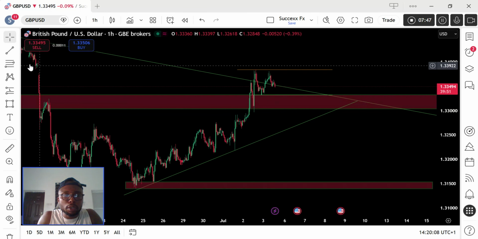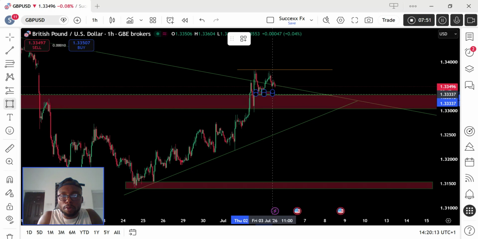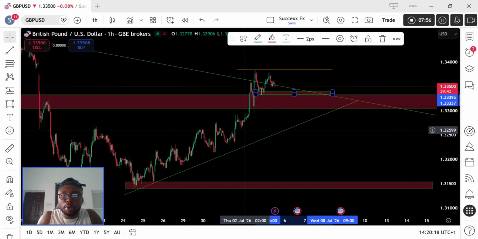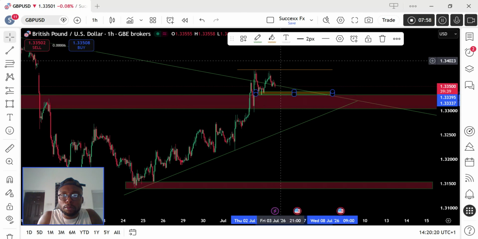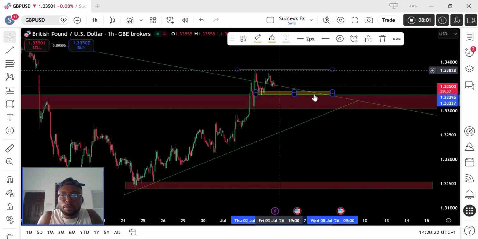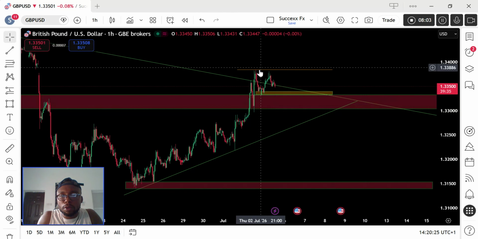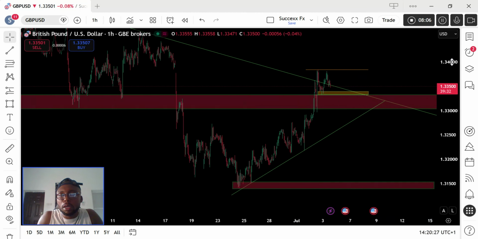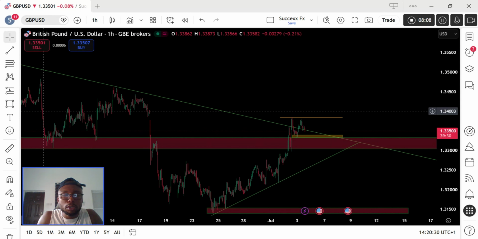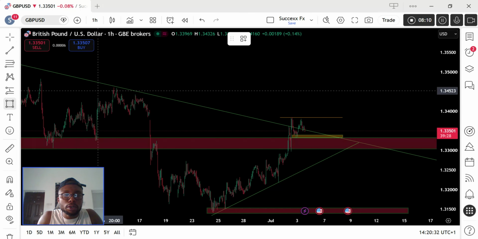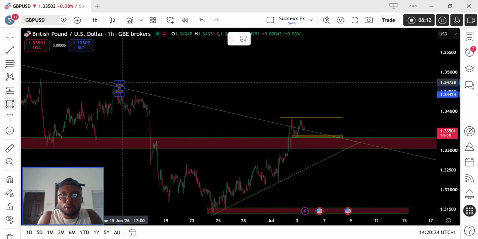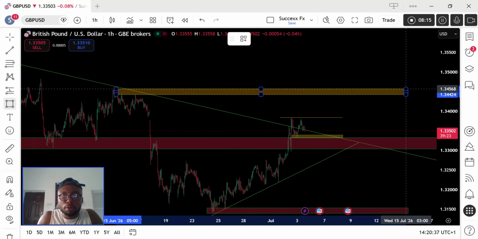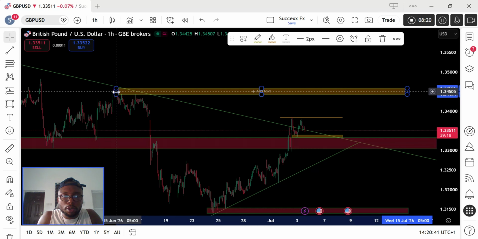Maybe price could get up to this point here and form something like a double bottom. Let's see. And then bounce off, close above here, then we can get in. And then we should be looking to take profit from around here, the next area.